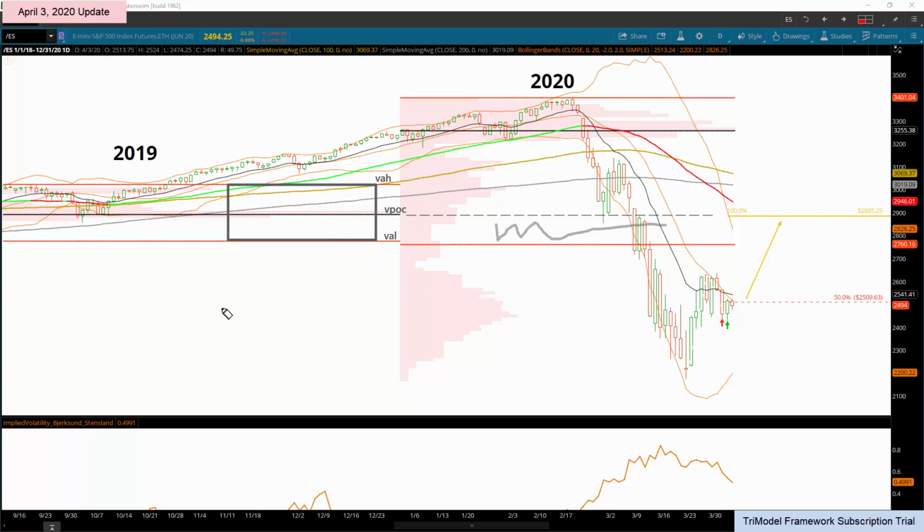According to the valuation model that I use, which is part of the TRI model, no growth is at about 2740, 2760, somewhere in the 2700s. This is 2760 right here. It's the bottom of the value area low.